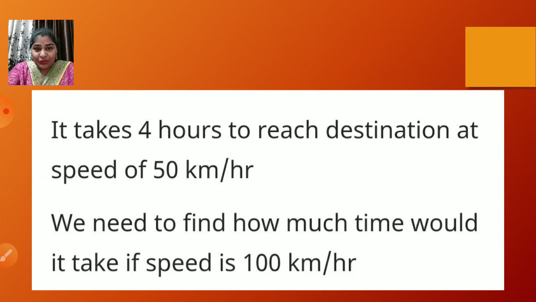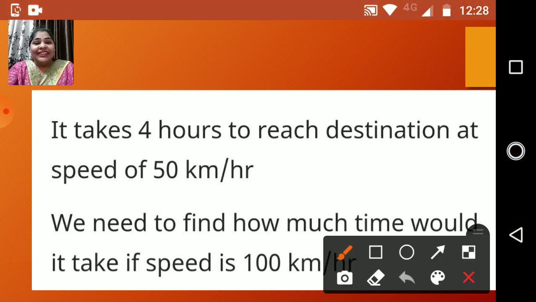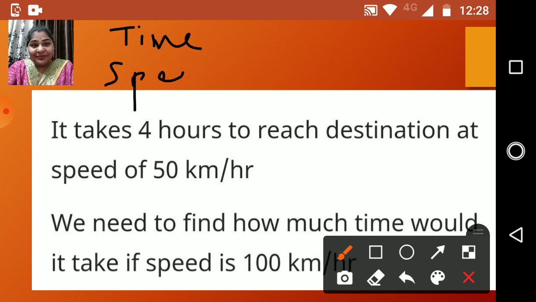Let us see one example. It takes 4 hours to reach a destination at a speed of 50 km per hour. Now children, here the two quantities are, one is time, and the other is speed. So let us consider this as x and this as y, right?